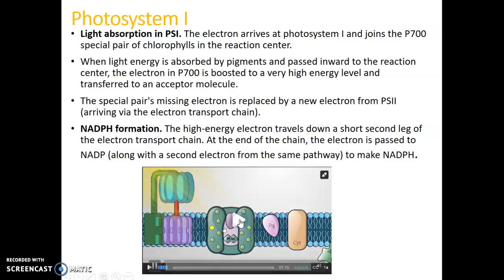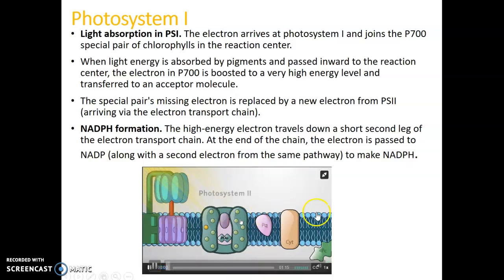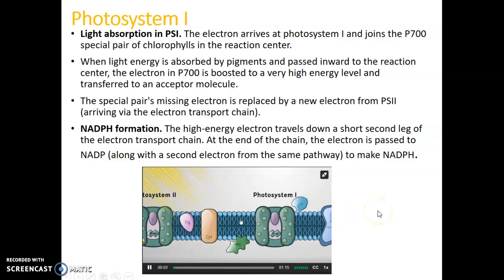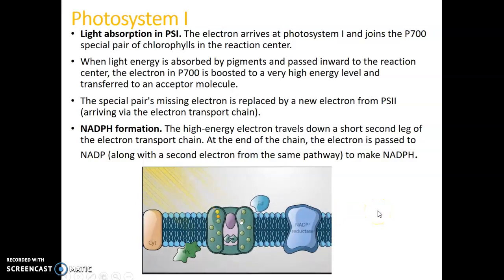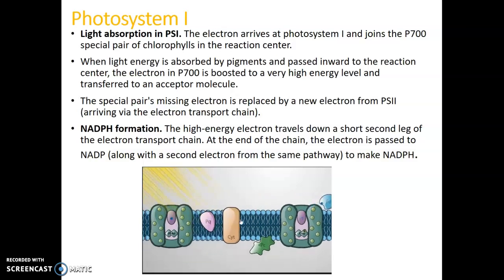So we're going to watch how this works here. In photosystem 1, light is absorbed again, so it is passed through the different pigments of the chloroplast to the P700, the reaction center. Then that excites it to an extremely high level and it is passed down a short electron transport chain of its own.